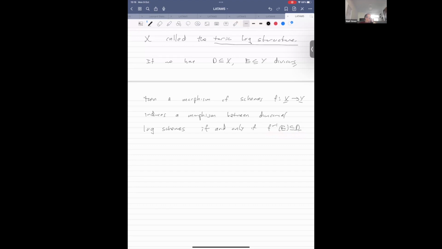Okay, so that's a simple example. Now let me give you another example, which doesn't fit this category of divisorial log structures. These are known as log points.